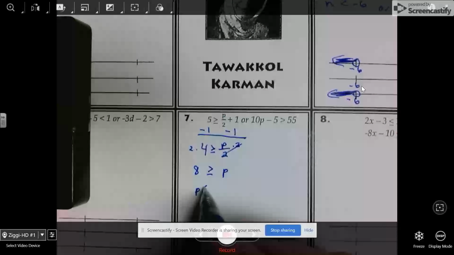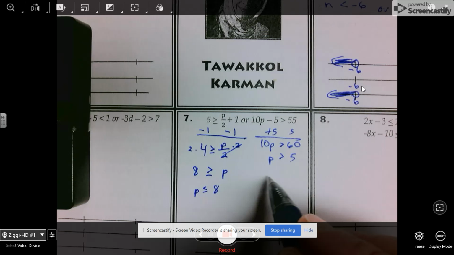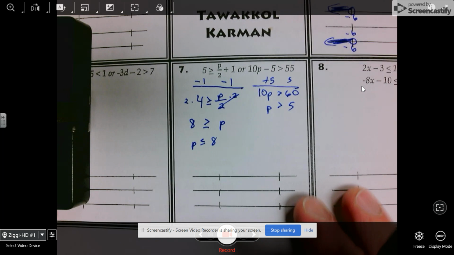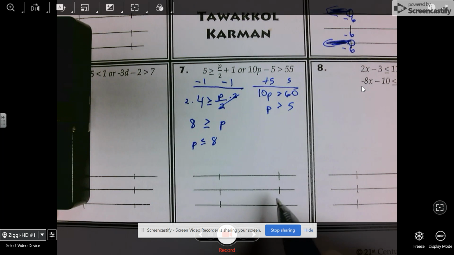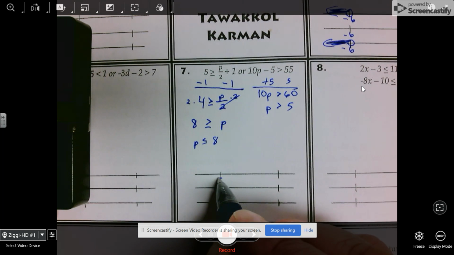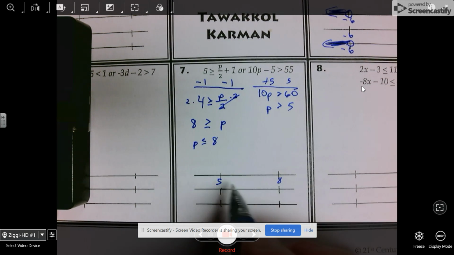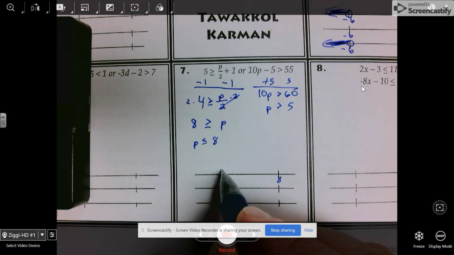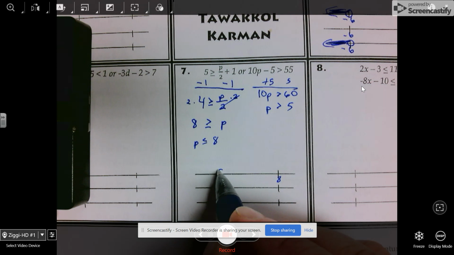So again, it's an OR, so we're taking everything. As you get good at these, you might not need all the number lines, but there's my 5, there's my 8. So I'm greater than 5. Well, let's go less than or equal to 8. We'll do that first, which is that way. And I'm greater than 5. 5 is here, greater than 5 is that way.